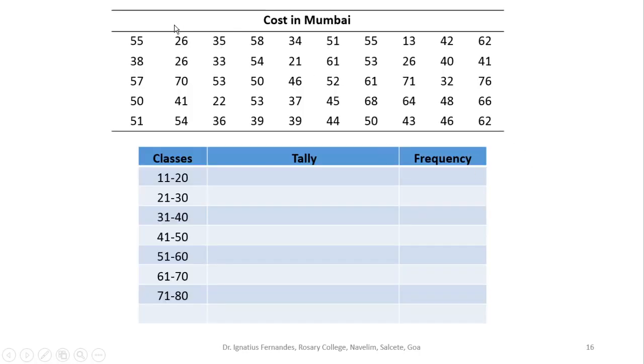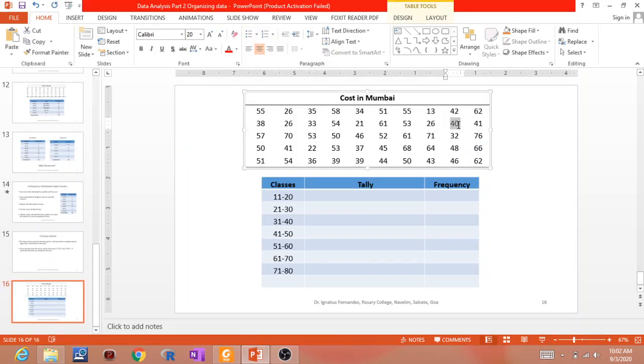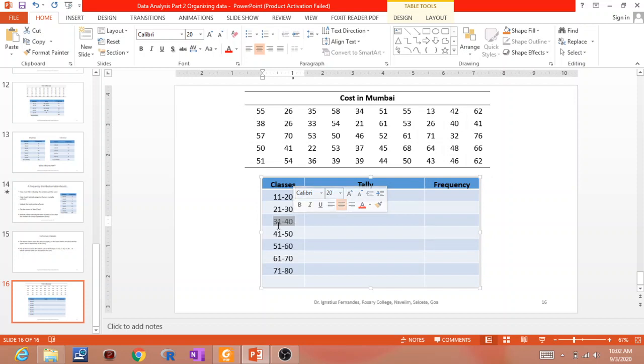So if I have to use inclusive classes for this data, the cost in Mumbai, then I'll have 11 to 20, then 21 to 30, 31 to 40. Now lower limit and upper limit are both included. So if you have an entry like 40, this 40 will be marked in the class 31 to 40, because now 40 is included here.